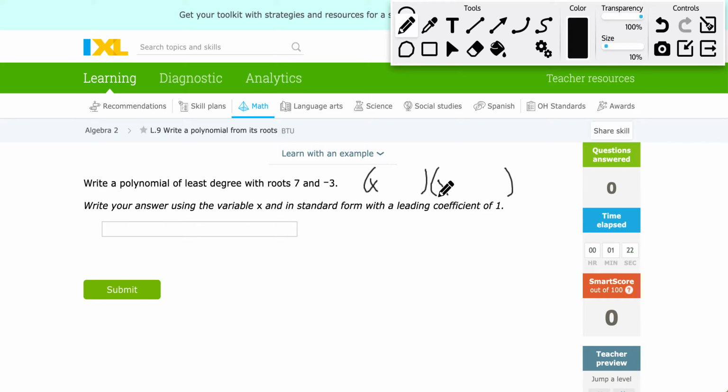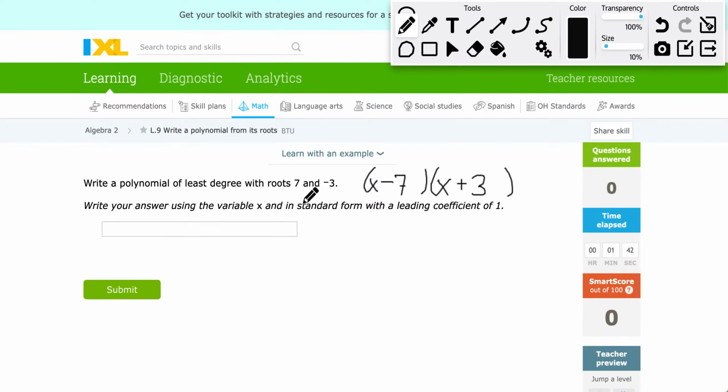It actually tells us underneath here that we need to use x. And then it's going to be the opposite sign of whatever roots are given. So instead of a +7, I'm going to write a -7 in here, and instead of a -3, I'm going to write a +3. So that's what my two roots look like written out.